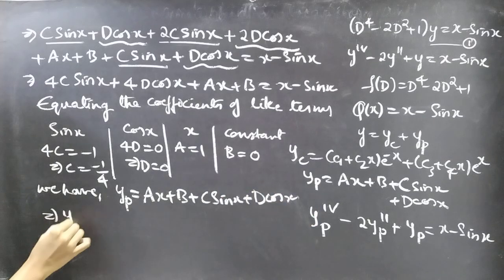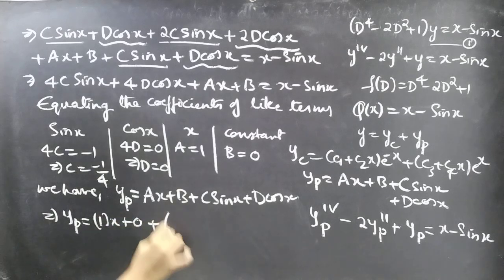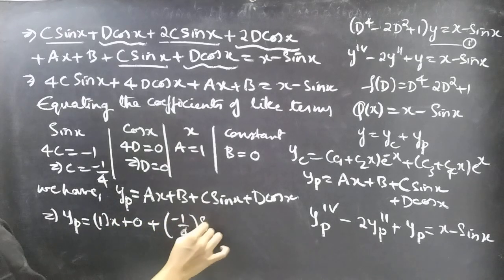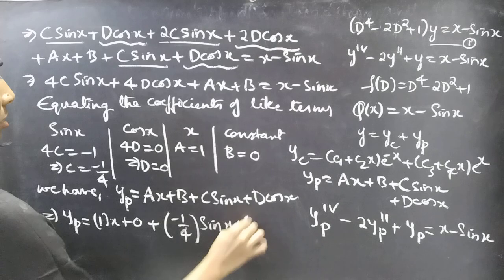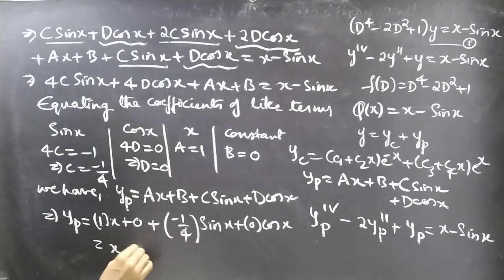This gives us yp equal to a 1 into x plus b 0 plus c minus 1 by 4 into sin x plus d 0 into cos x, which gives us x minus 1 by 4 into sin x.